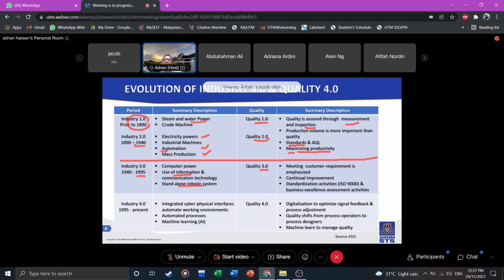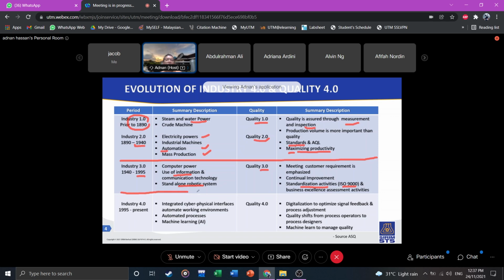Standardization in quality systems, for example ISO 9000, became more common, along with continuous improvement. In fact, computers were also used to assist in quality during this period.